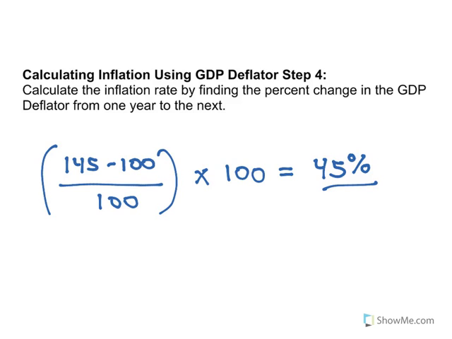Because we want an inflation rate of somewhere around 1 to 2%, 2 to 3%, somewhere in there. Again, the exact number isn't that important, but we want pretty low inflation, and 45% is orders of magnitude higher than that.